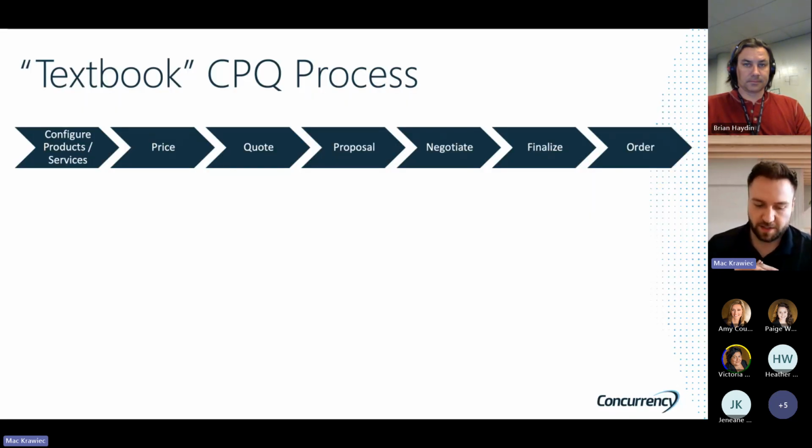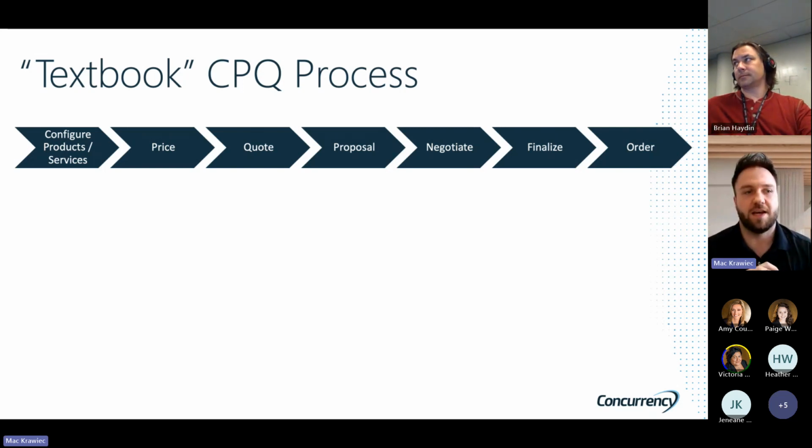But effectively, let's talk about our textbook CPQ process, right? We configure or in some way, shape, or form design our product or service and make it known in some sort of list of data. Then we have a process where we price those items.